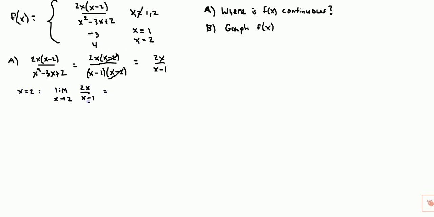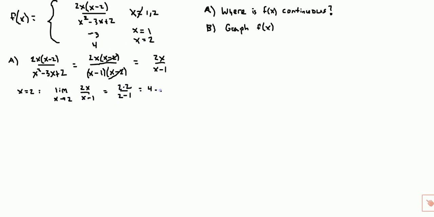Well, there's no problem here in the denominator, so we can go ahead and plug in 2. We get 2 times 2 over 2 minus 1, which is 4. That's pretty good, actually, because at x equals 2, the function is defined to be 4.